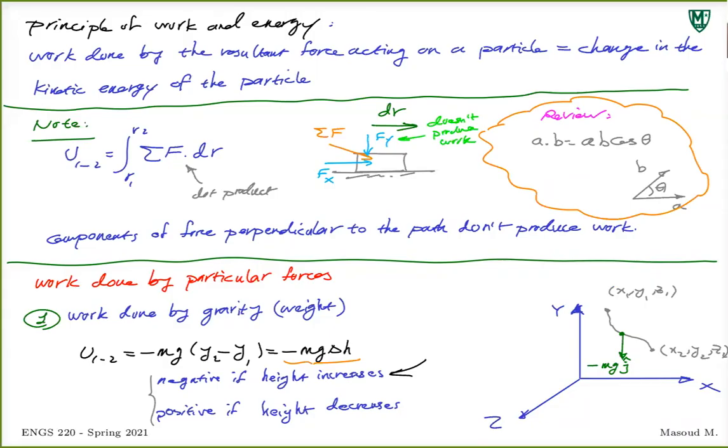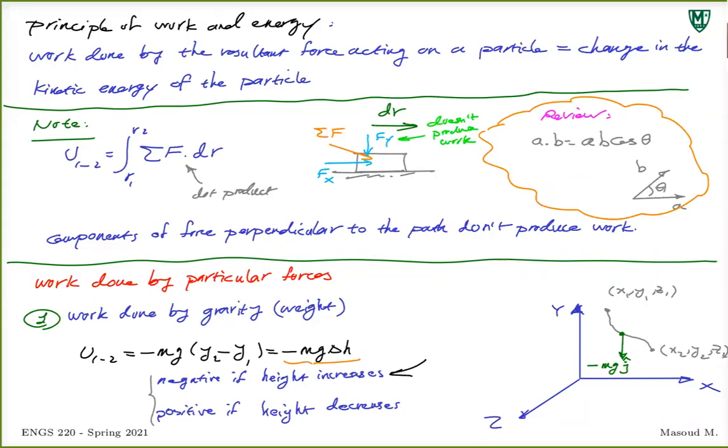Then we talked about two particular forces that we're going to deal with very frequently. On the left side we have that integral form, but there are two cases that we can simplify into a straightforward expression. One was work done by gravity, which is basically minus mg delta h.